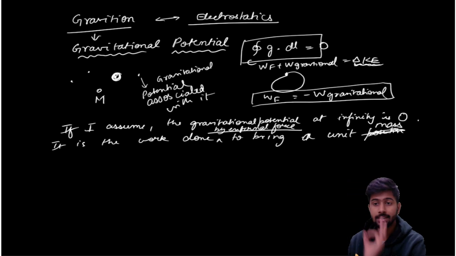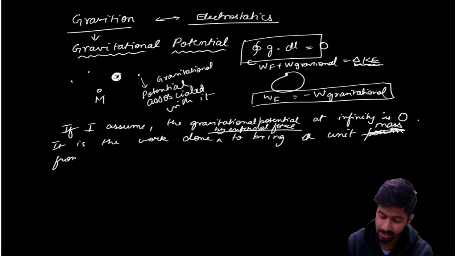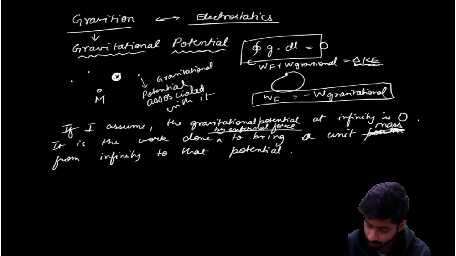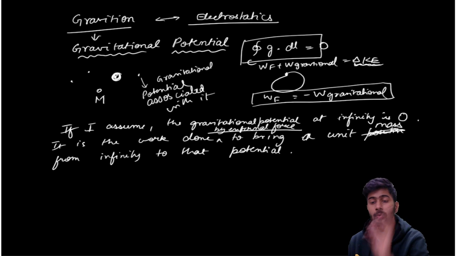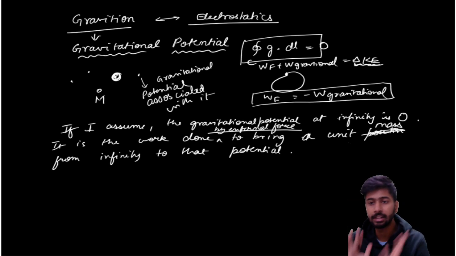To bring a unit mass or 1 kg mass, if my unit is in kgs, from infinity to that point. So the work done to bring 1 kg of mass from infinity to a point by an external force is called the gravitational potential at that point.